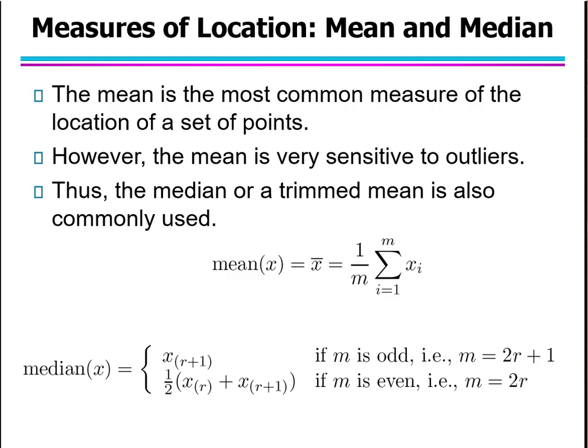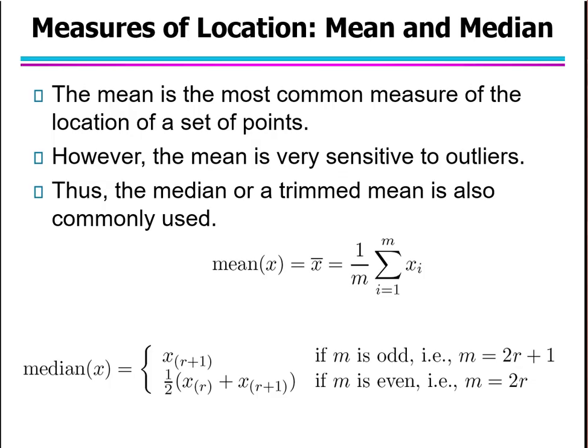Measures of location: mean and median. When we talk about the location of data, we're referring to its central tendency. The mean is the most common measure of location, calculated as the sum of all values divided by the number of values.